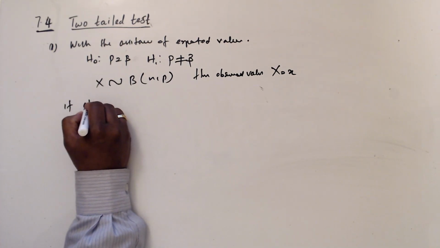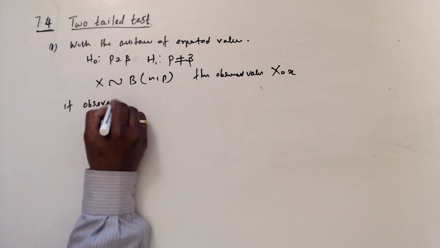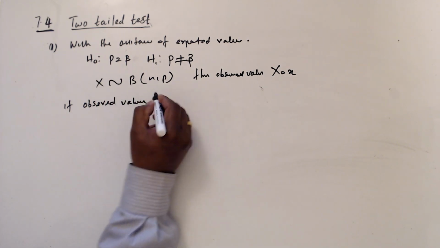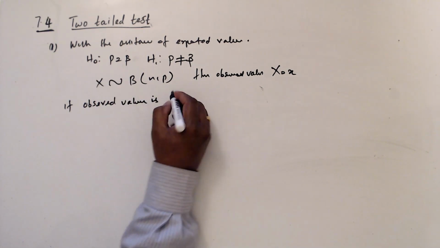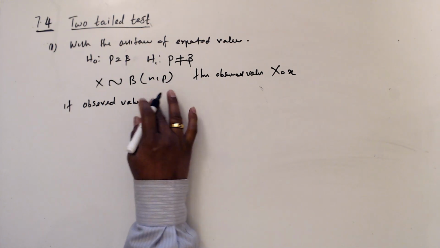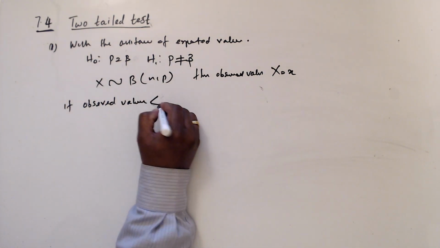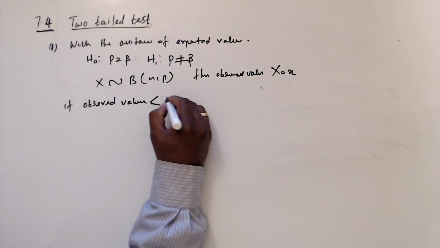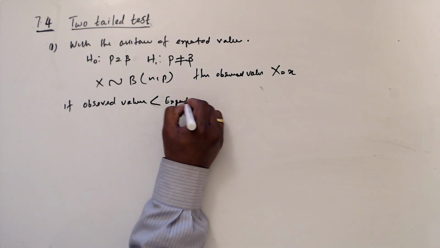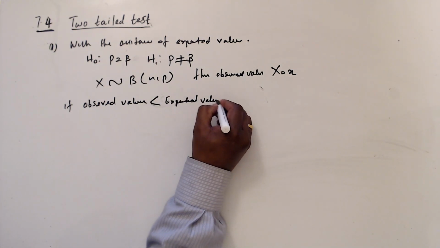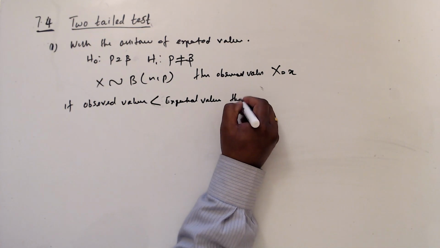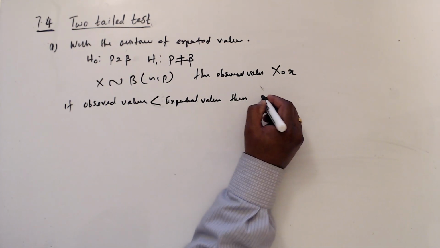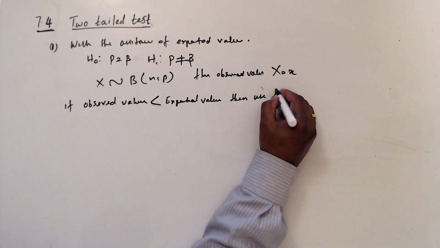If the observed value is less than, I will write in terms of symbol, less than the expected value, then use lower tail.